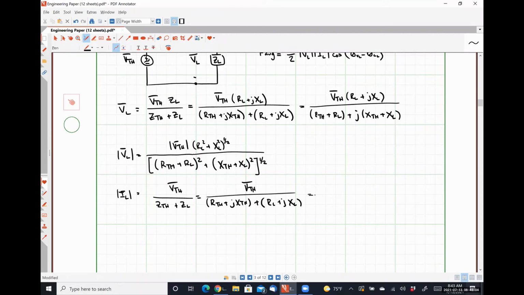And then grouping like terms, we'll have RTH plus RL plus J times XTH plus XL.